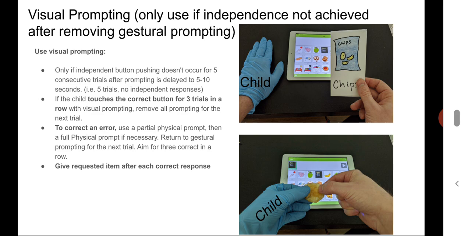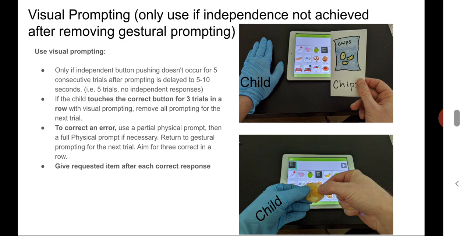And then after that, we can work on sequencing buttons together to create phrases or sentences. So you could say, what do you want? They know how to get to the menu, get to the right category.